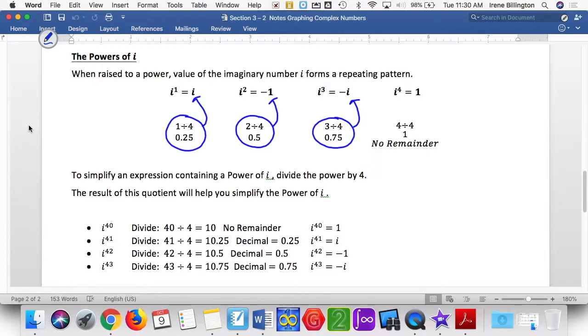If you take your exponent and you divide it by 4 and you get a whole number answer, meaning there is no remainder, your answer is an integer, your power of i is equal to 1.